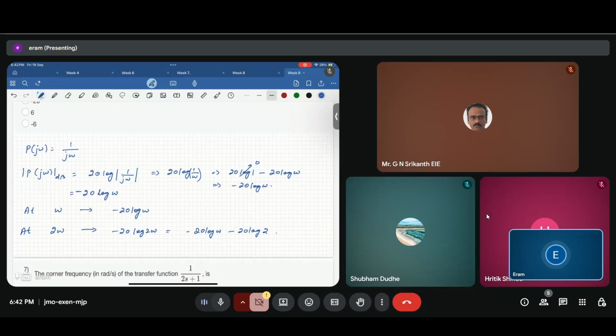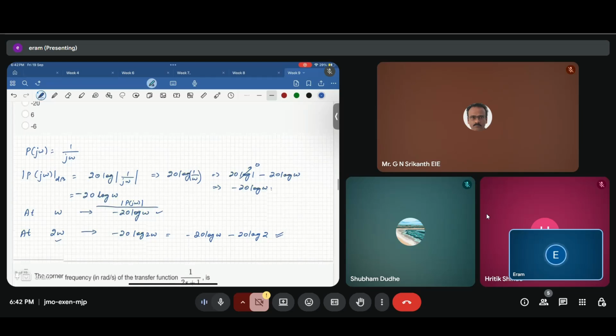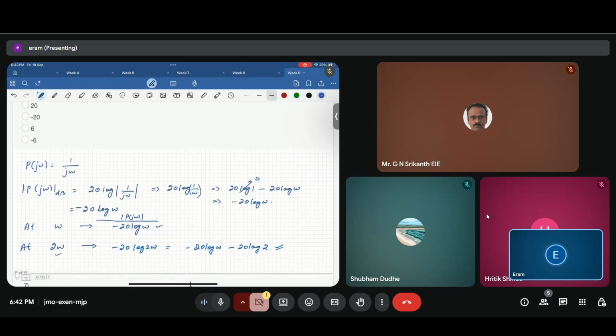So at frequency omega, the magnitude of P of j omega was minus 20 log omega, and at double the frequency, that is, if we increase the frequency by an octave, we got this magnitude. So by how much have we increased or decreased?